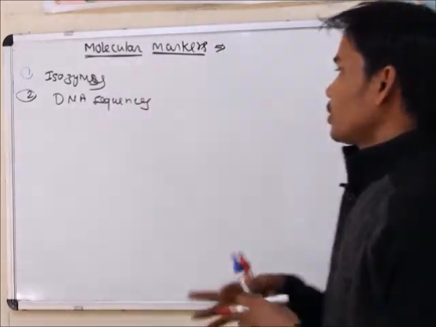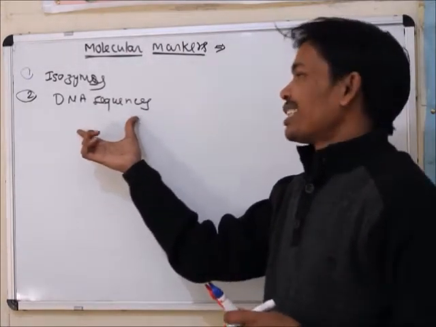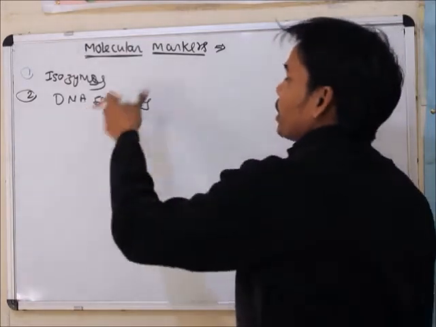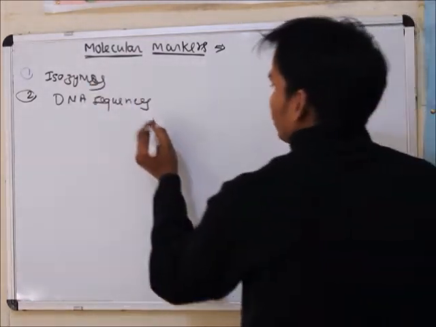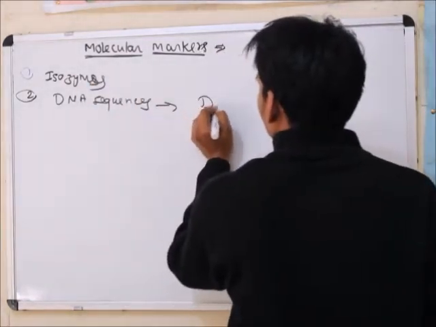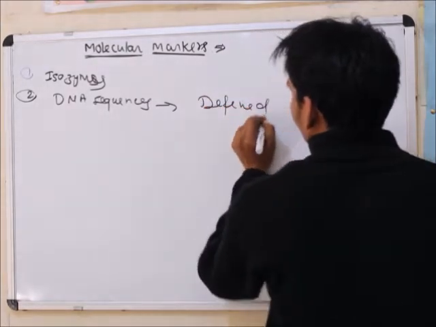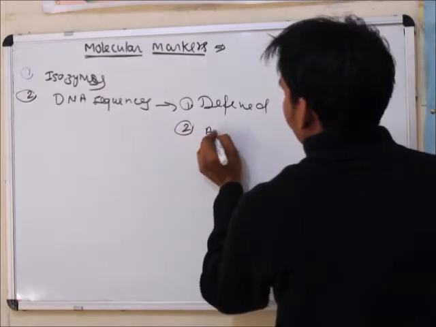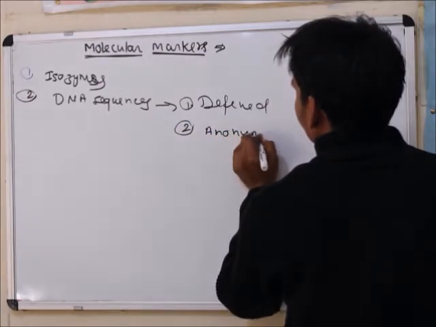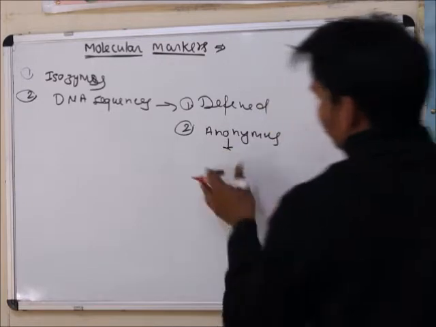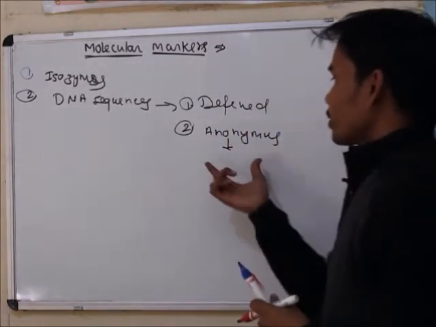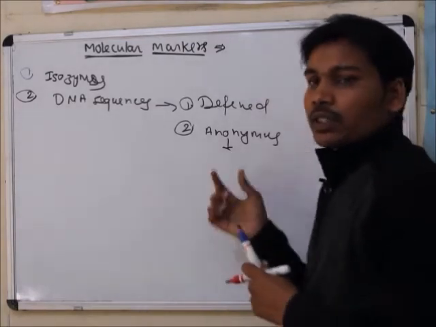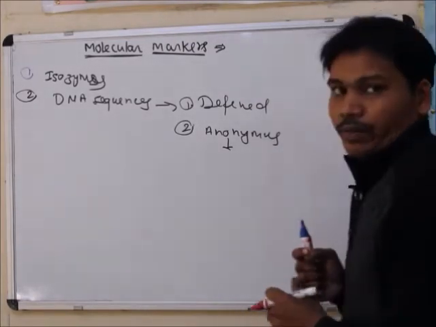The most used molecular markers for chromosomal mapping are the DNA sequences, and they may also be of two types: first is defined and second is anonymous. Anonymous molecular markers mean that the specific function and specific features of those sequences are not known.